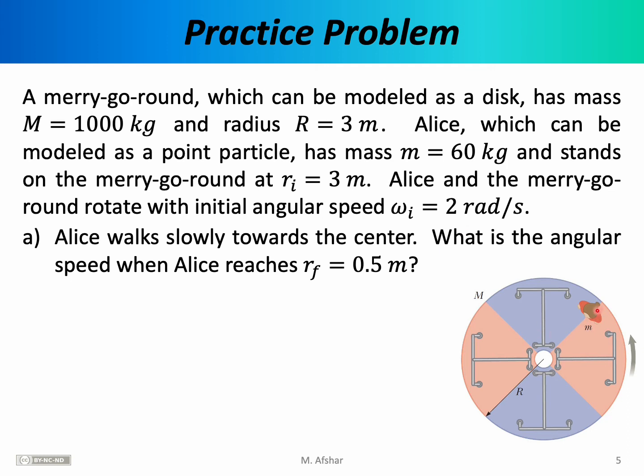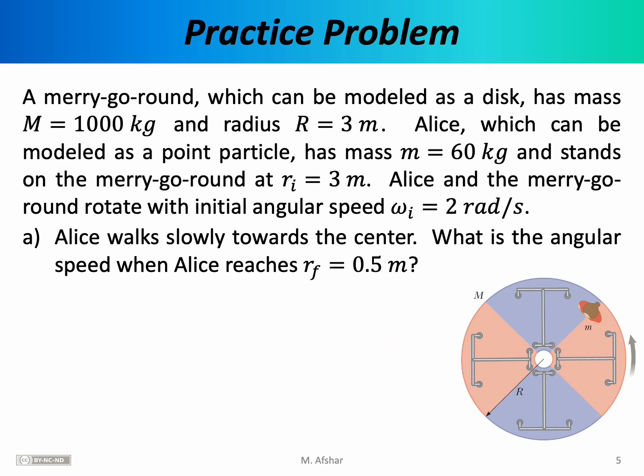However, when Alice begins to walk towards the center, the merry-go-round begins to spin up. It begins to speed up, it begins to go faster. The question is, how fast will the merry-go-round go when Alice reaches a distance of 0.5 meters from the center?